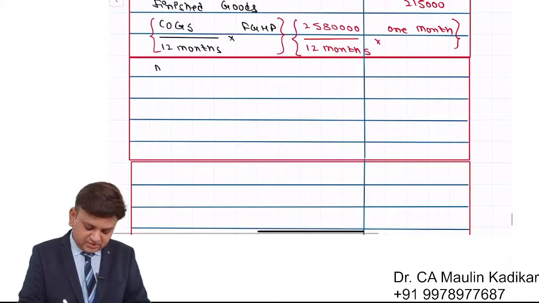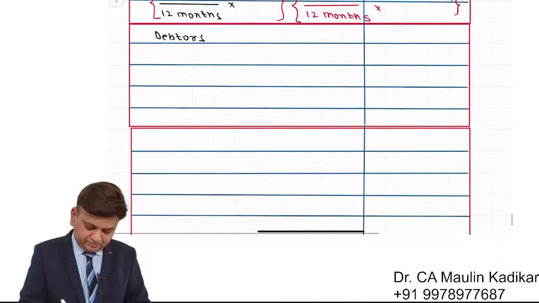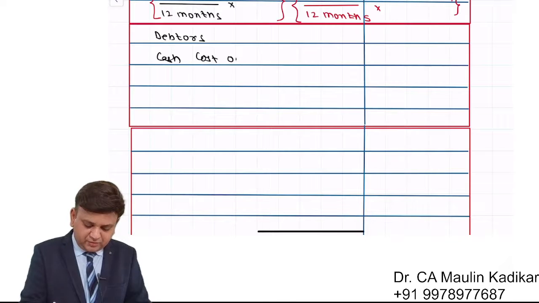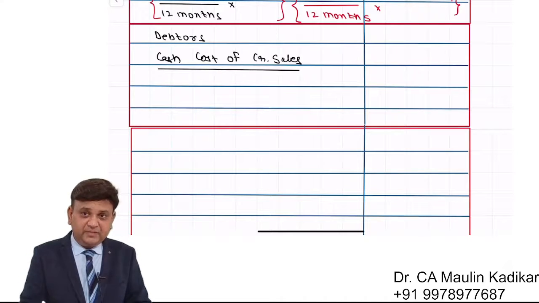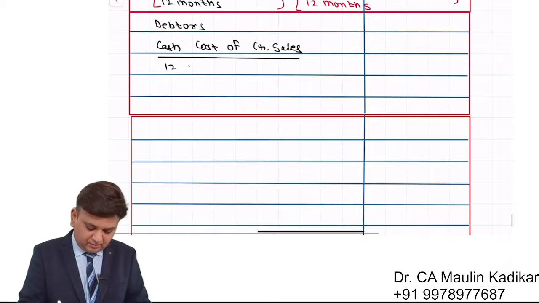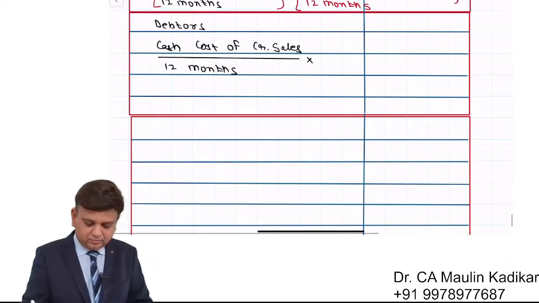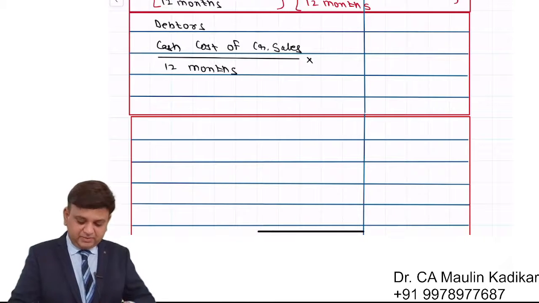Next is debtors. Cash cost of credit sales divided by 12 months into average collection period.